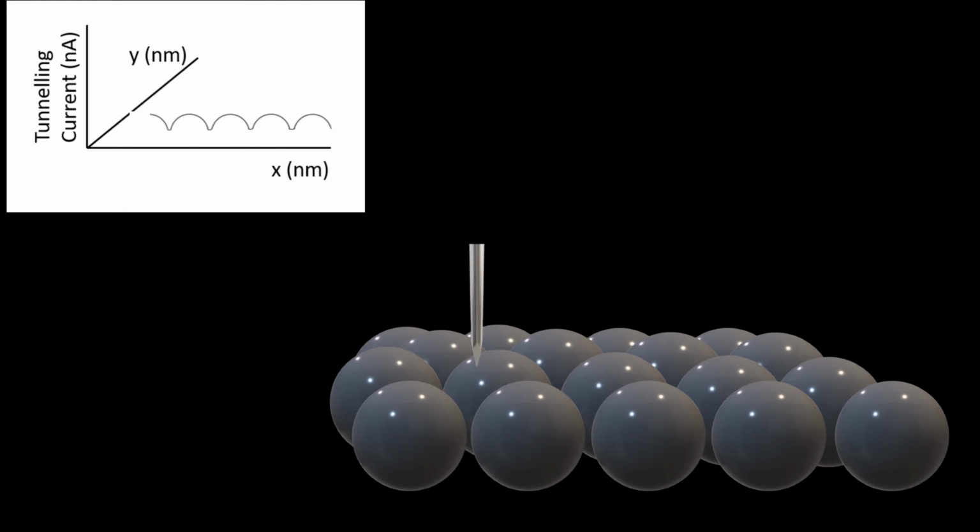So if the features of the surface become closer to the tip, so you're going over the top of an atom, you will get an increase in the tunneling current. So your current maps out where the atoms are in your sample if you're moving your tip in increments which are smaller than an atom, which about 0.1 of a nanometer is. You can see this animation which shows that.